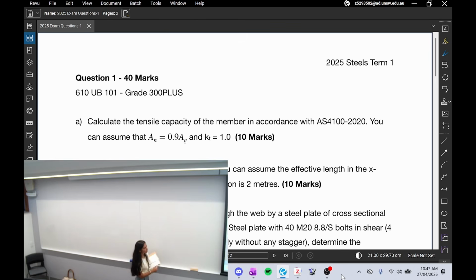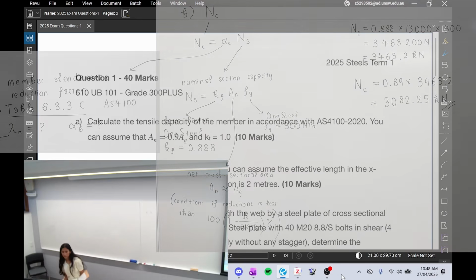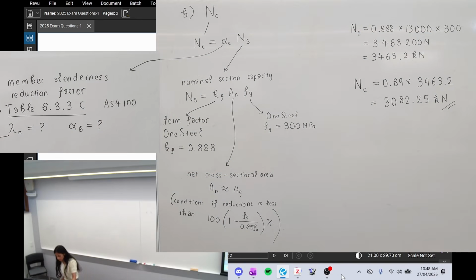Part B is asking us for the same thing but now for compression. So we want to calculate the compressive capacity. So when they say compressive capacity, that would be this thing, N subscript C. And this one, there is just one formula for it, so we don't have separate failure modes like we did for the tensile. And your formula for NC is going to be alpha C times N subscript S. So these are two things that we need to find.